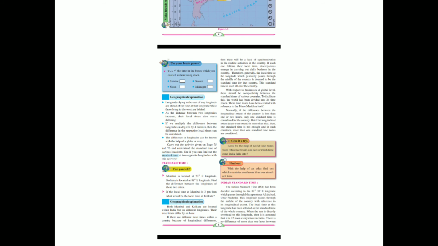As the distance between two longitudes increases, their local times also differ more. If we multiply the difference between the longitudes in degrees by 4 minutes, then the difference of the respective local time can be calculated.